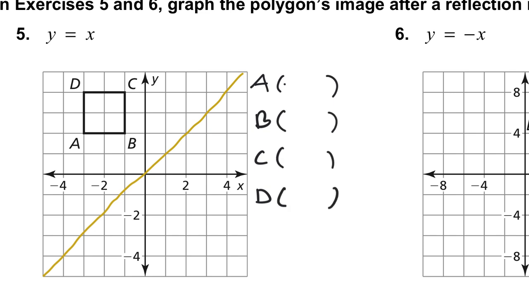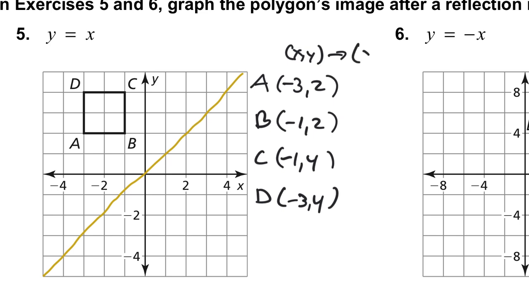So A is at -3, 2. B is at -1, 2. C is at -1, 4. And D is at -3, 4. And my rule says if I have X and Y, and I want to reflect over y equals x, I'm just going to swap my X and Y values.